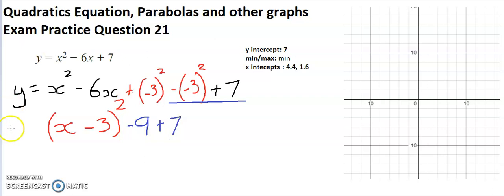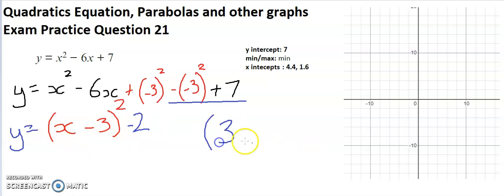Negative 9 plus 7 is equal to negative 2. So I'll change that to negative 2. Now I need the brackets to become 0 for my x, so x must be 3. And my y is negative 2. That gives me my turning point.